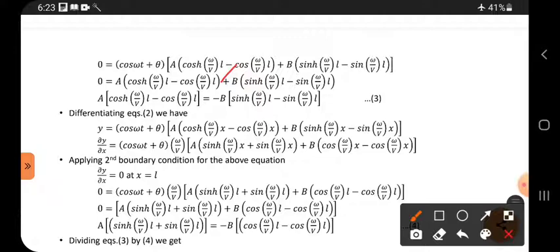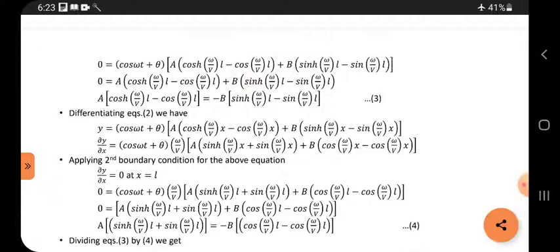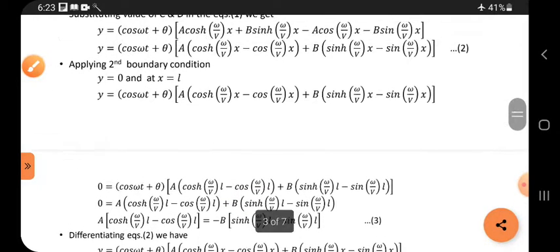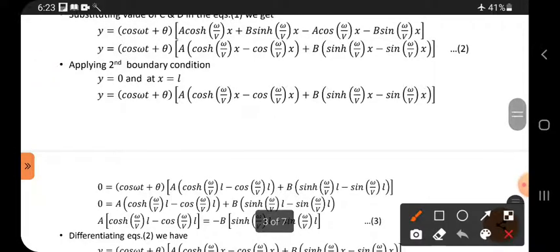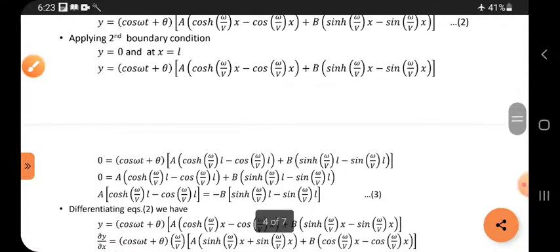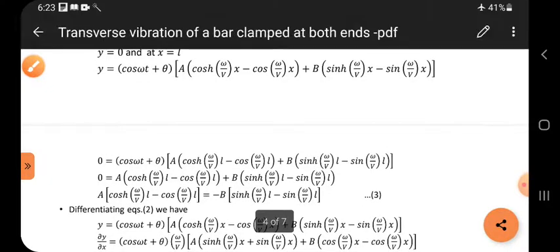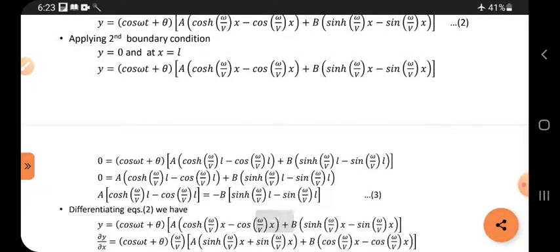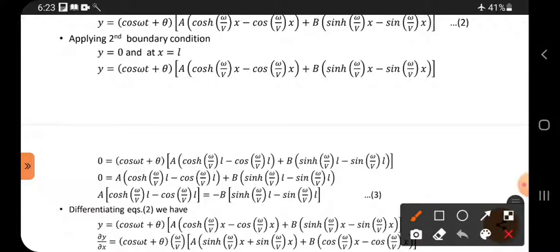Okay, now differentiate equation 2. What is equation 2? Right, so this is equation 2. To this equation we have to apply differentiation. The cos term is as it is, cos omega t plus theta as it is.